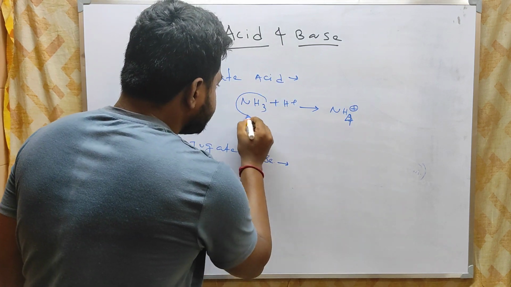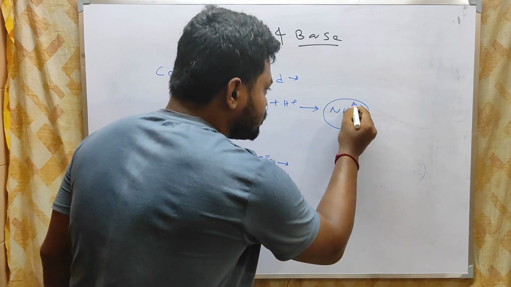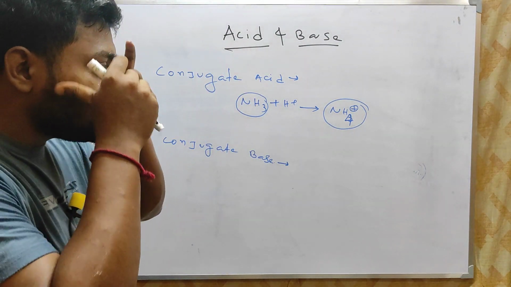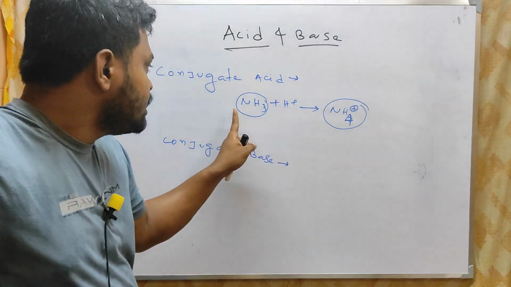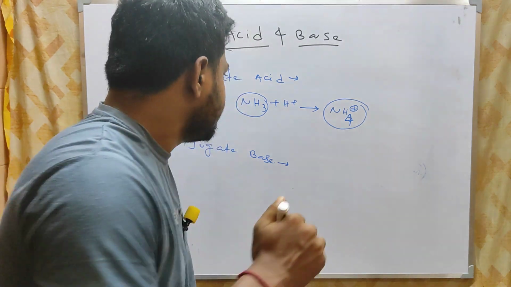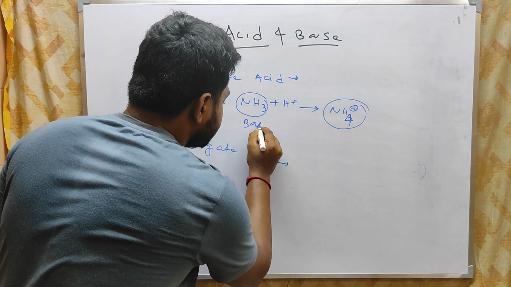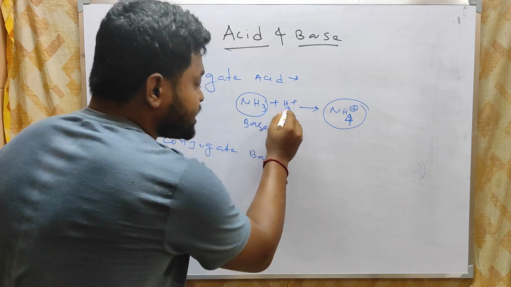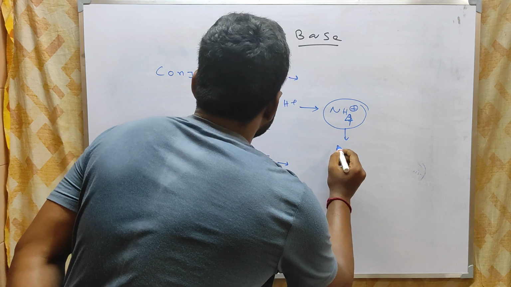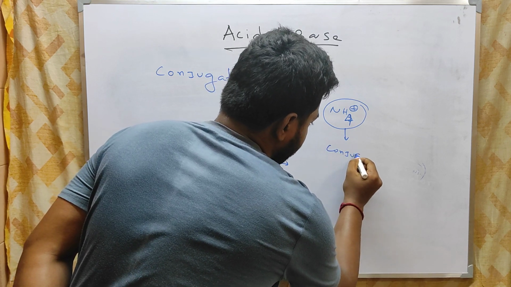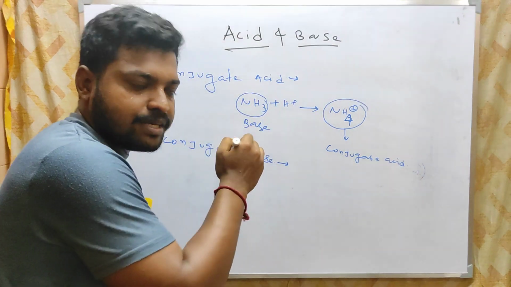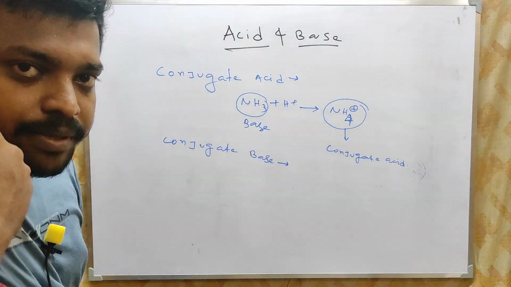This is the base and this is the conjugate acid of this base. When this base accepts an H plus ion, the product will be the conjugate acid of this base.